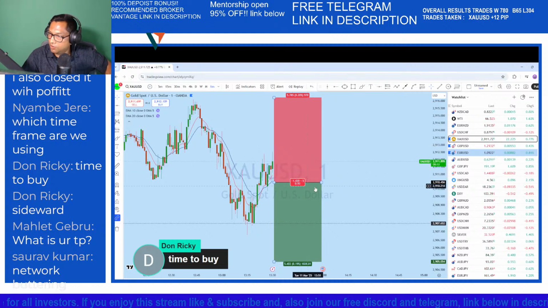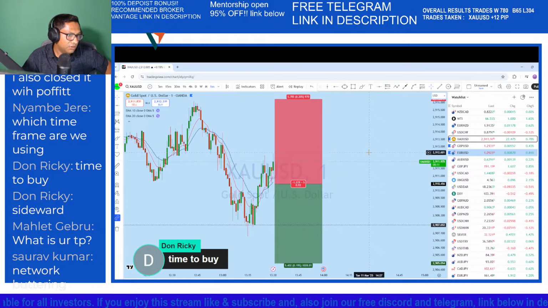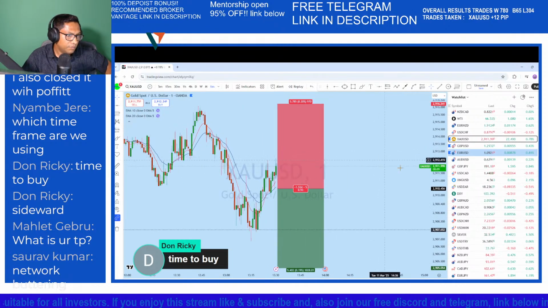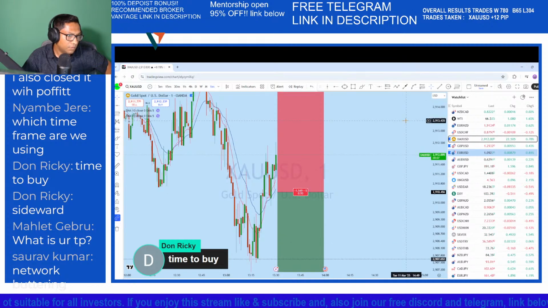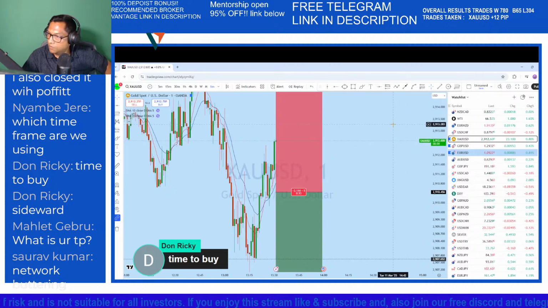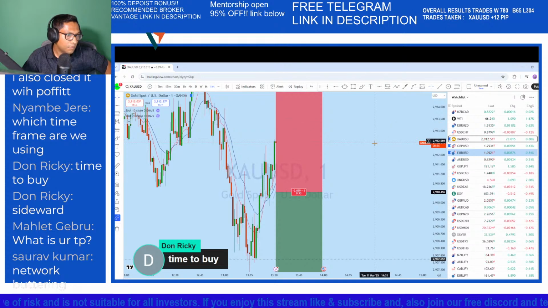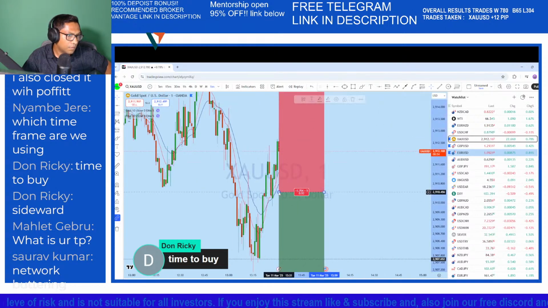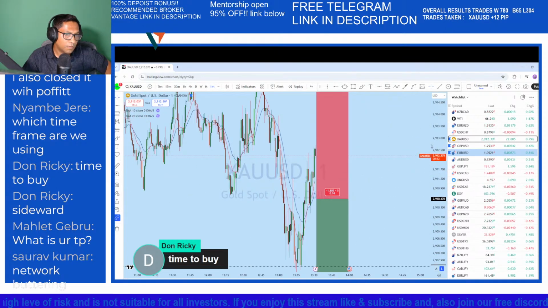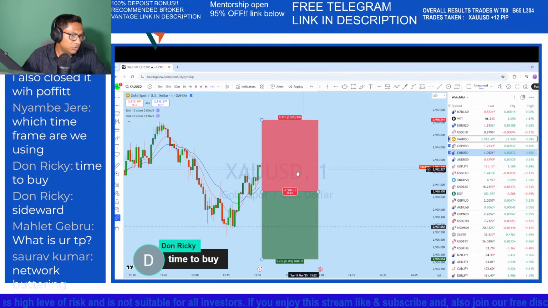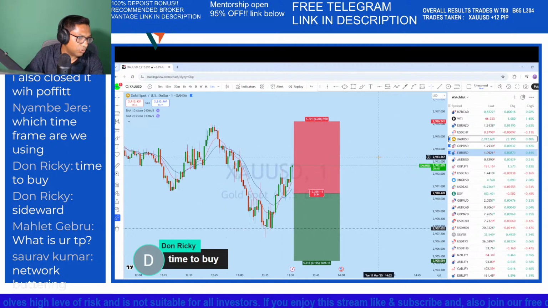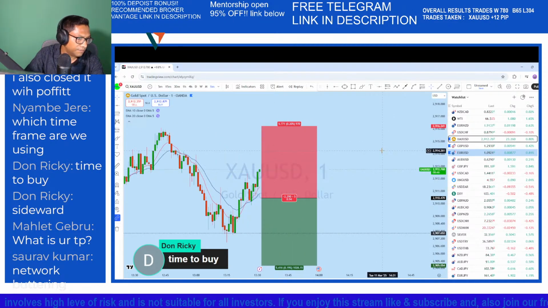I would like to see this candle closing as a red bearish candle. If this candle is not closing as a strong red candle, we might be exiting that trade.